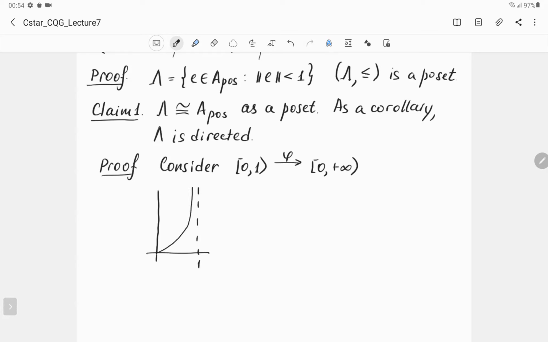This is the graph of phi, and explicitly phi is given by the following formula: phi of t is 1 over (1 minus t) minus 1. The inverse function psi is also given by an explicit formula. So first of all, let me draw a picture.